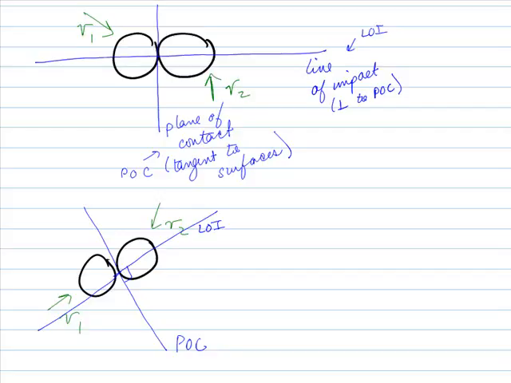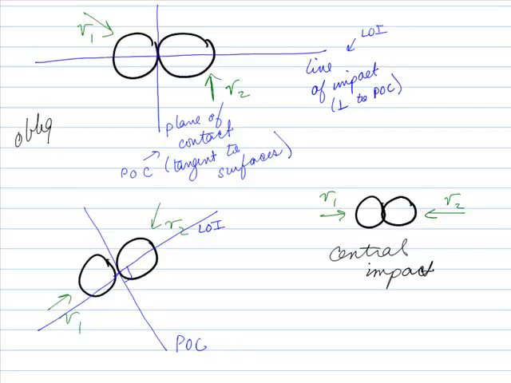Now, whether you draw them or not, if what they're actually doing is coming in straight at each other, this is called a central impact. And the way that we have them drawn here or here, these are called oblique impacts, which just means they're coming at a not perfect angle.